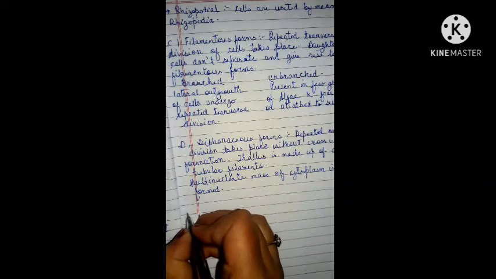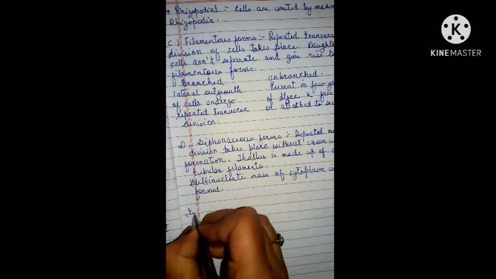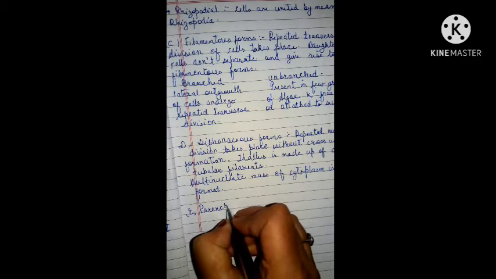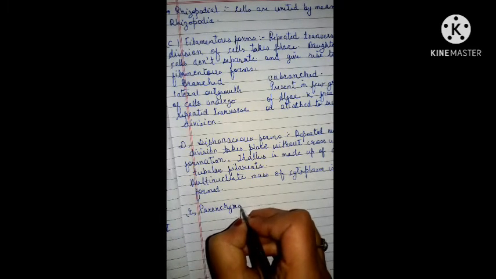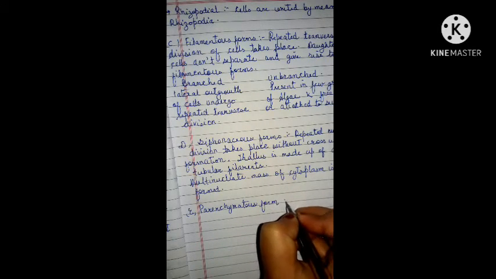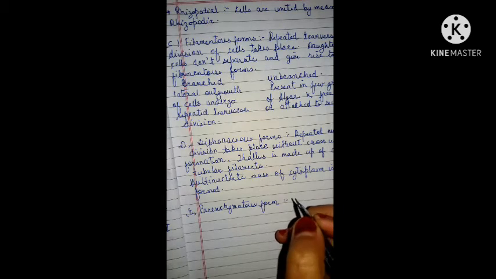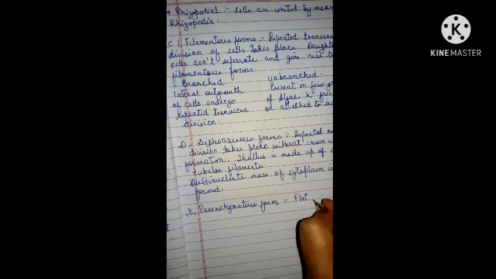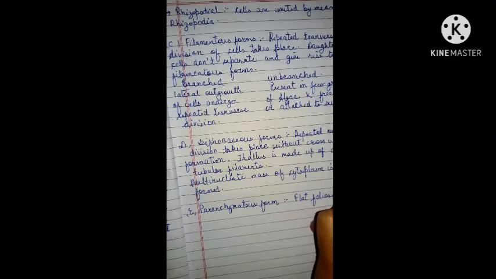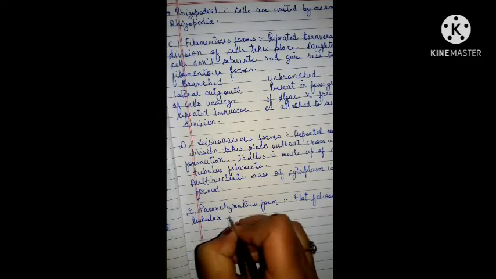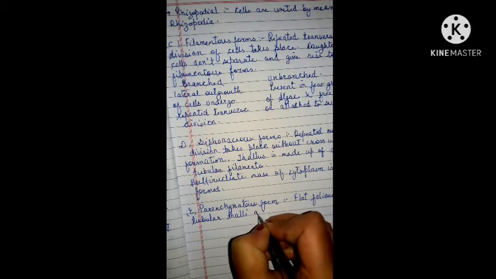Then fifth we have the parenchymatous form. In this type, flat foliose or tubular thalli are formed.